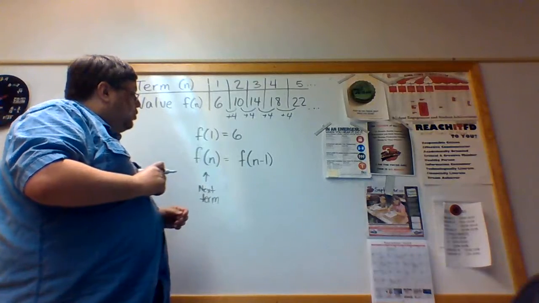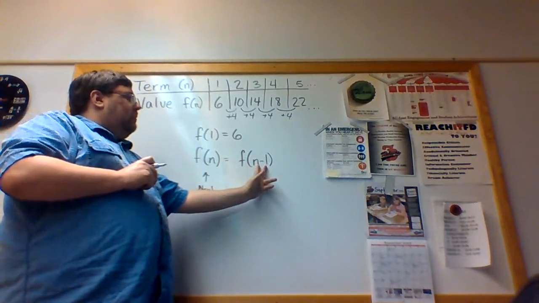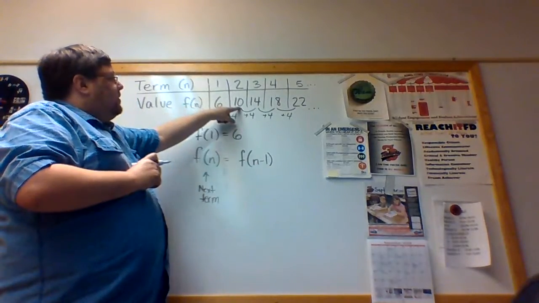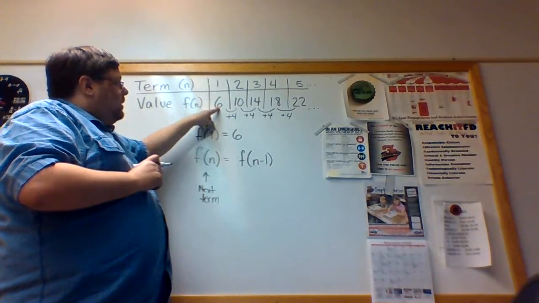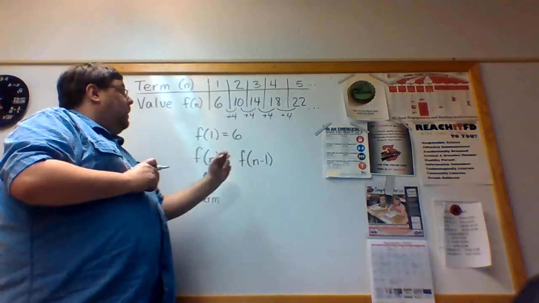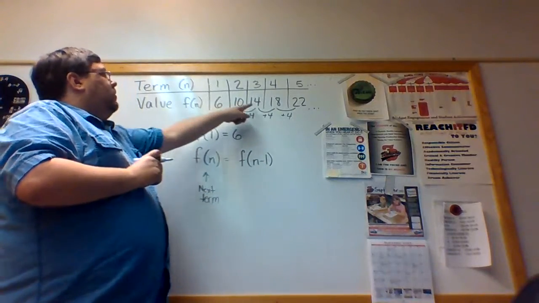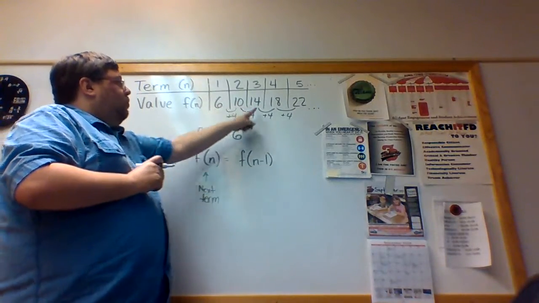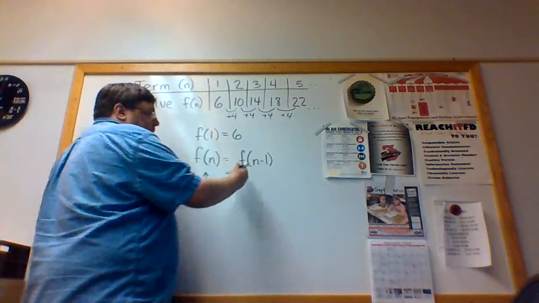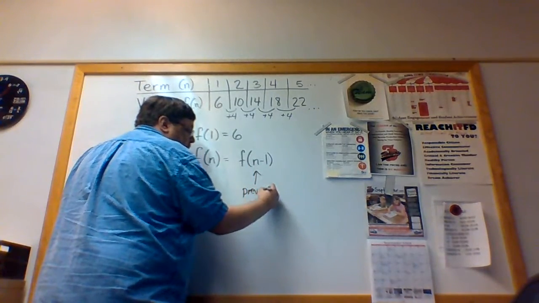Because if I'm looking for term 2, I have to use term number 1 to find it. If I wanted to find this 10, I had to add 4 onto the 6. Or if I wanted to find term 3, I would have to use 1 less, term 2, to find it. Term 3 is term 2 plus 4. So this f of n minus 1 is our way of saying the previous term.